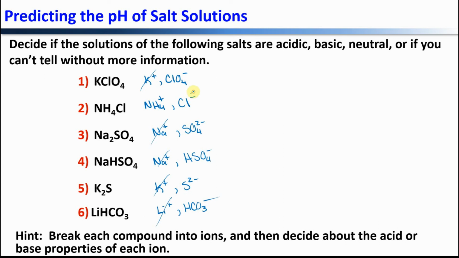Same with Cl, because that would make my HCl, and then I'm missing somebody. Who am I missing? Oh, ClO4. Yep, would make HClO4. So the answer to this one is no change in my pH. Neutral.